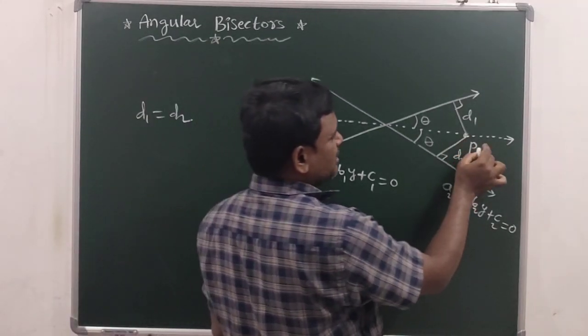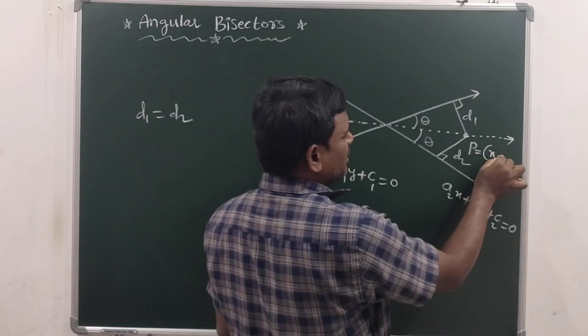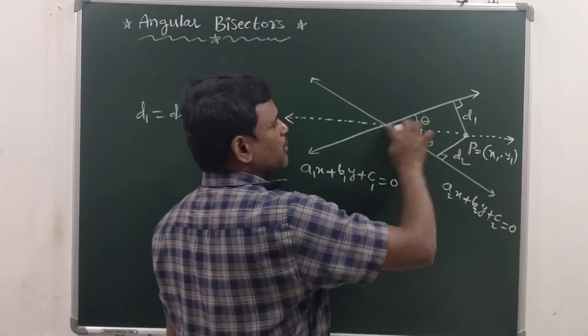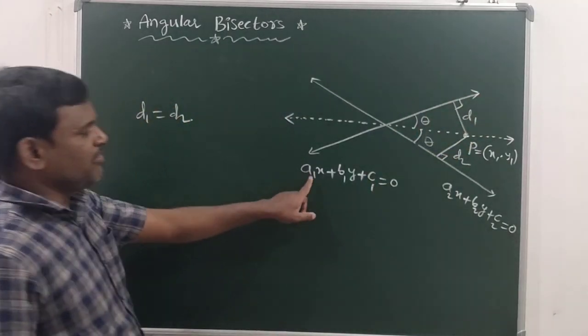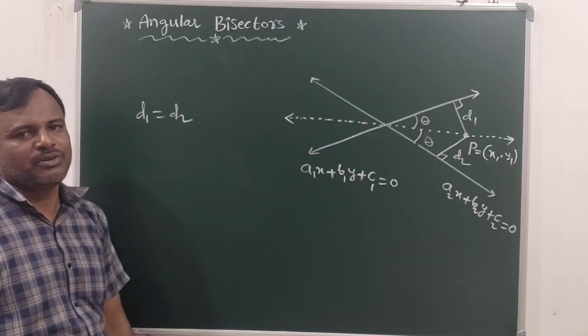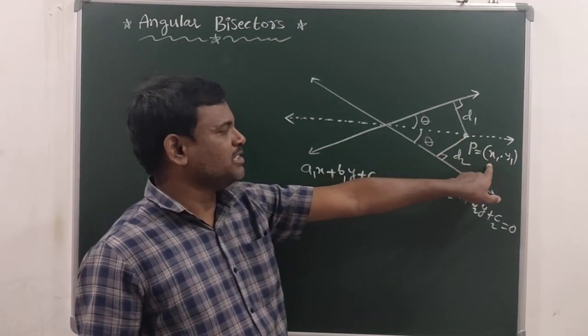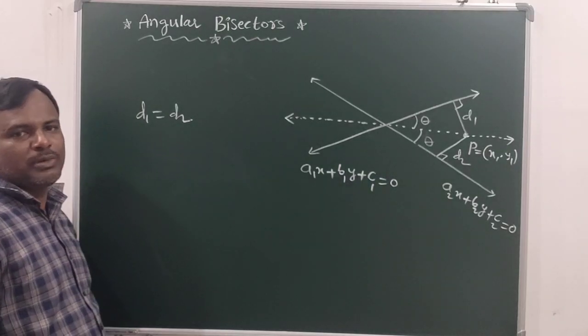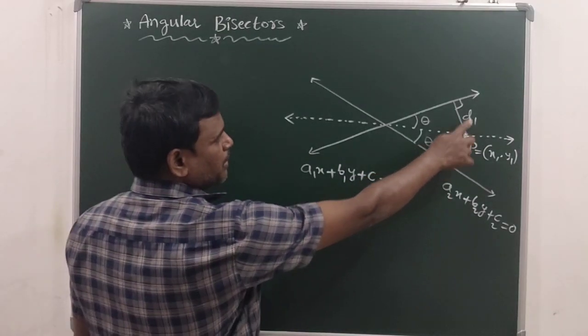So suppose if you take this P as x1 comma y1, then measure this distance from P to this line. This line equation is given as a1x plus b1y plus c1 equal to 0. Now we have taken this point coordinates as x1, y1. Now measure this distance. You know how to measure the perpendicular distance from this point to this line.